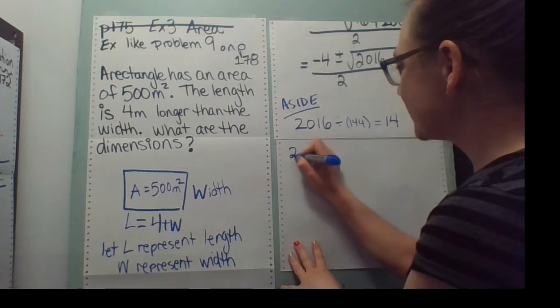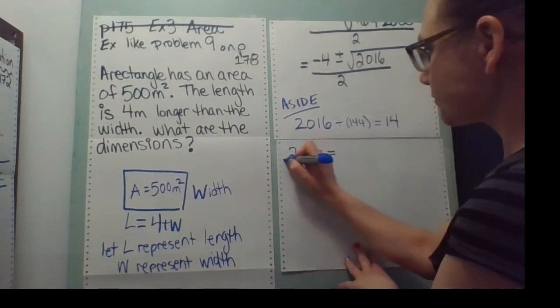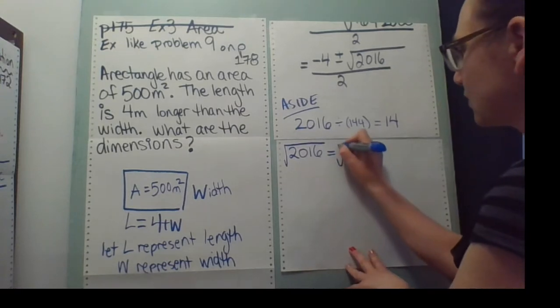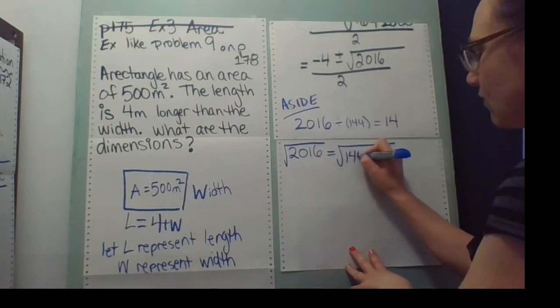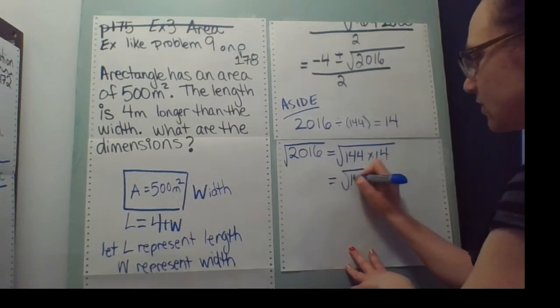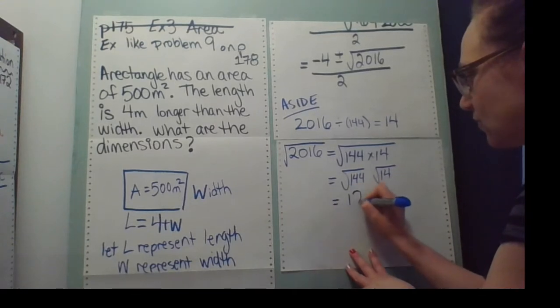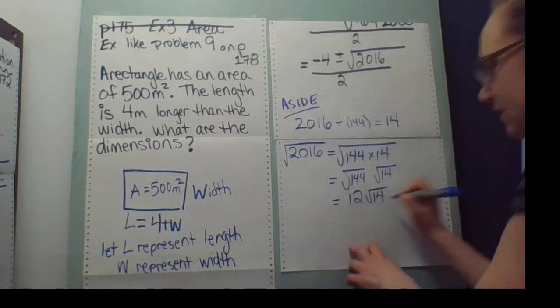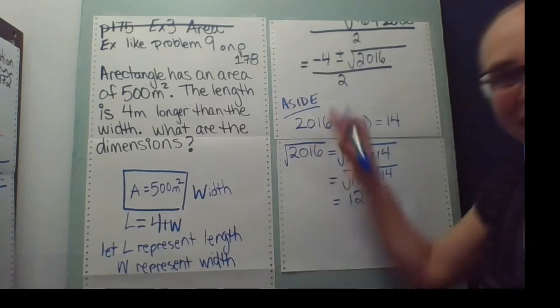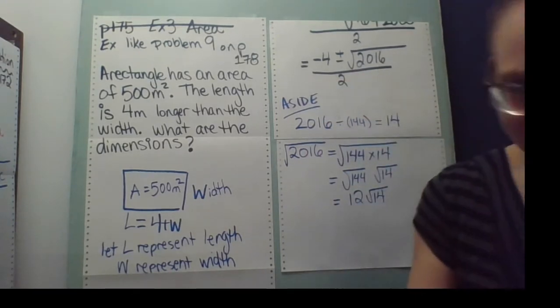Okay. So 2016 equals, the whole root of that equals the root of 144 times 14. So the square root of 144 times the square root of 14, so that equals 12 root 14. Hey, that's pretty cool. So now I can get some exact answers up here. I love it. Math is awesome.